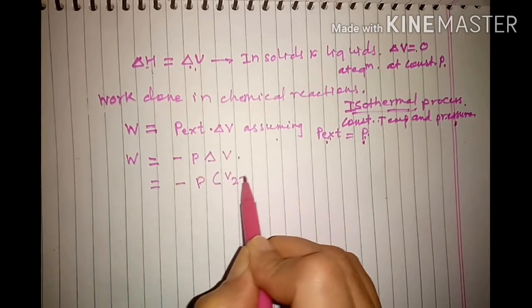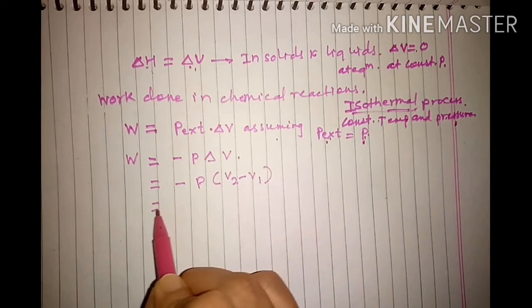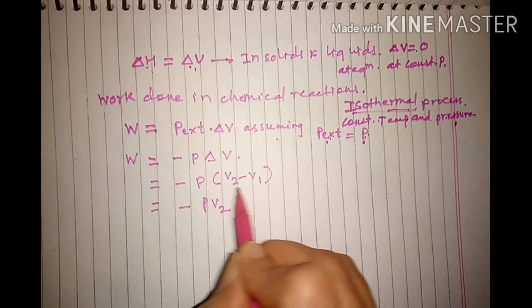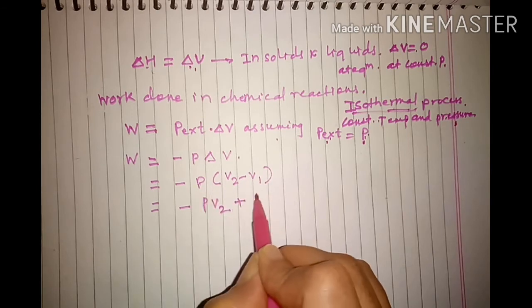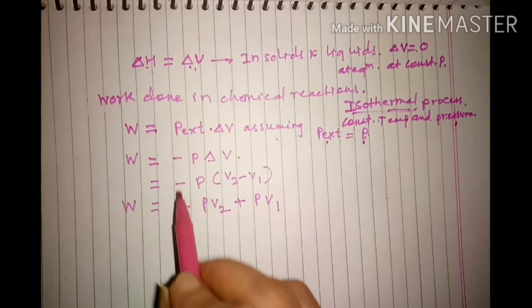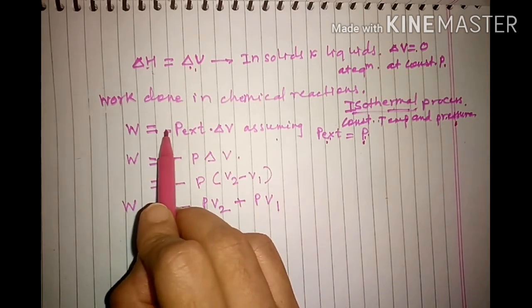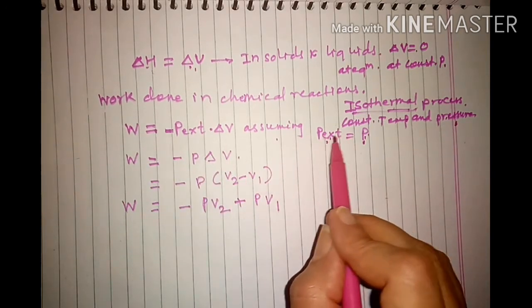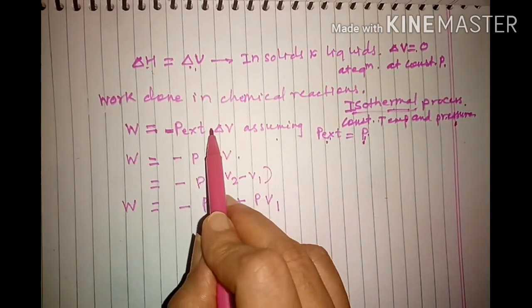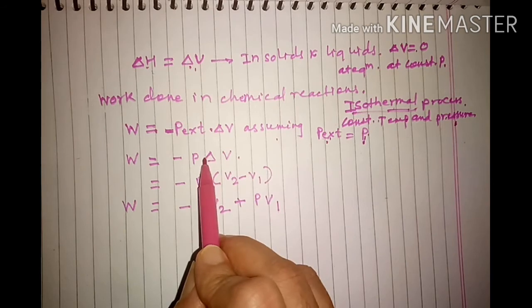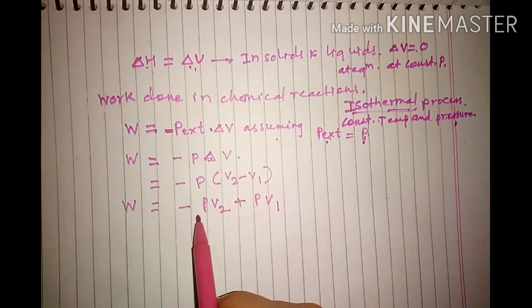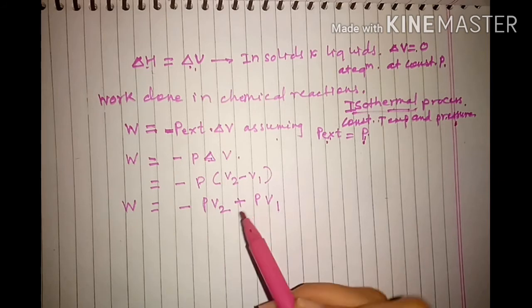This is V2 minus V1. So W equals minus P times V2 minus V1, which gives minus PV2 plus PV1. We can't drop this negative sign.